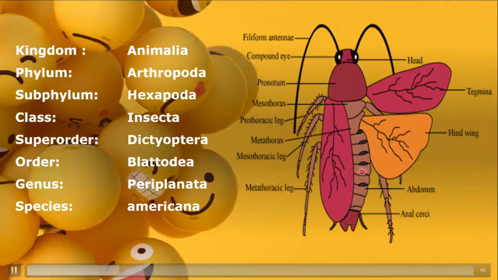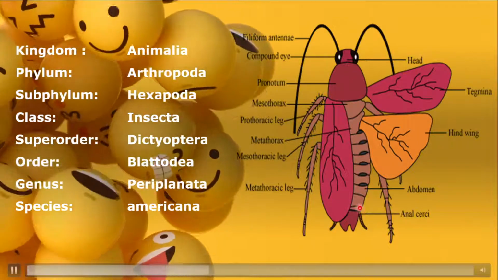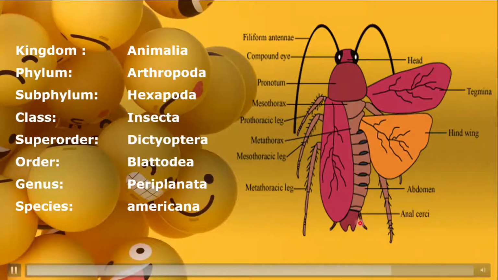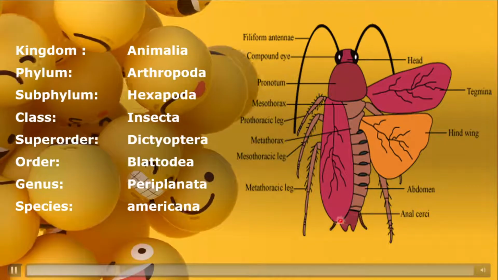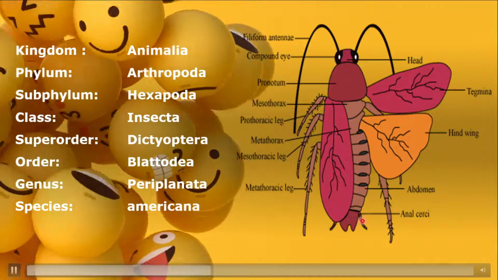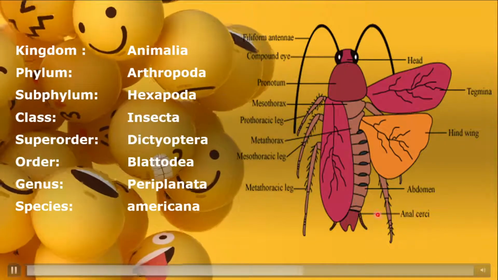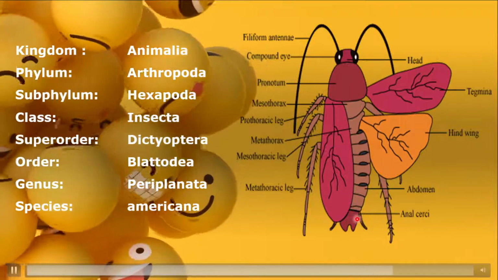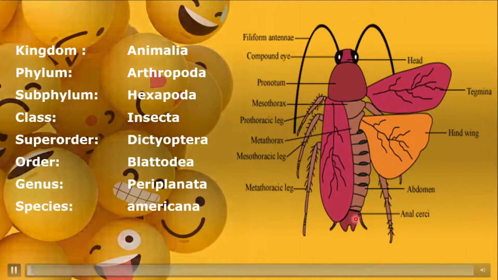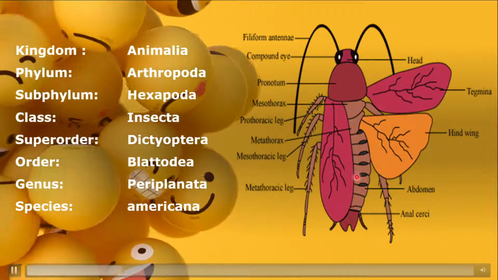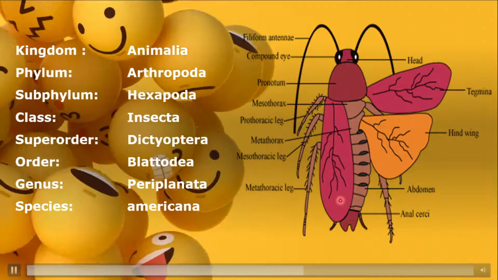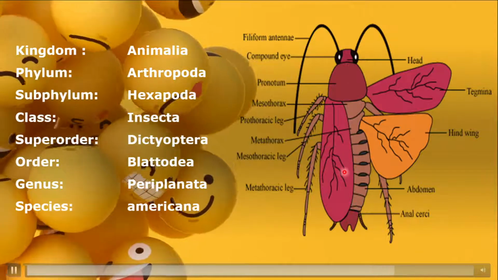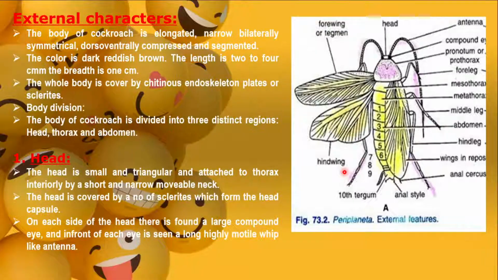The abdominal segments are present here, and the external organs on the last abdominal segment help in the identification of male and female cockroaches. The anal cerci or anal styles help in identifying whether the animal is a male or a female cockroach. So these are all the external features of cockroach. Let's start one by one.